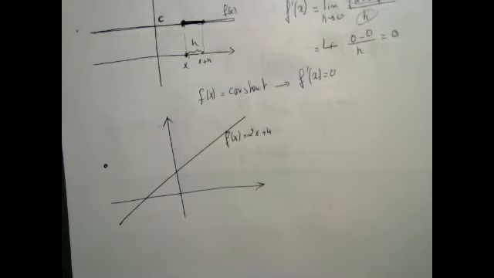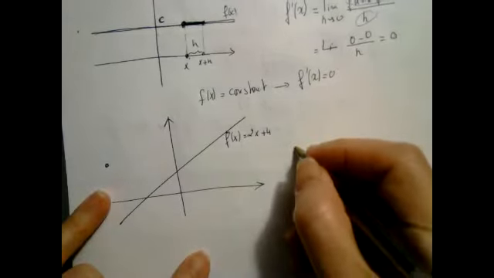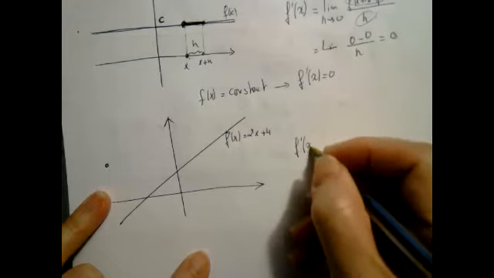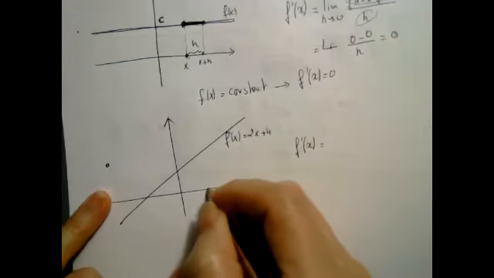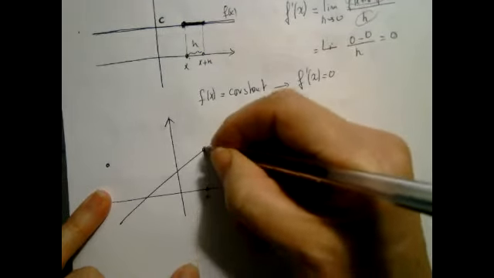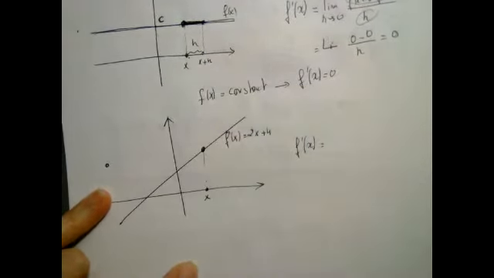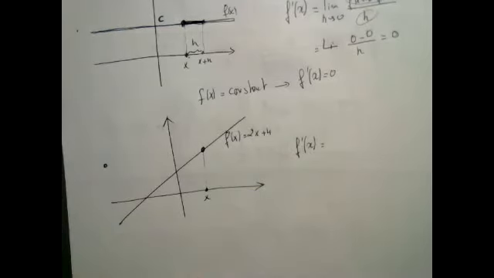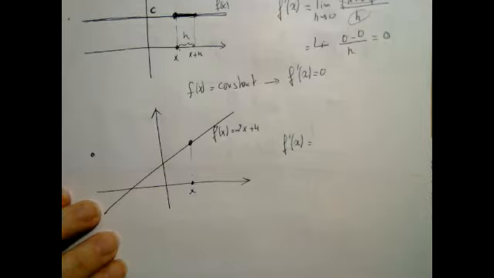Okay, so that's the function. What is the derivative in this scenario for any x? What's going to be the derivative if the function is a straight line? Everybody is telling me 2, because everybody is correct.